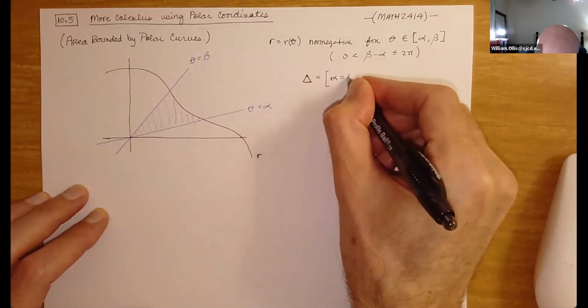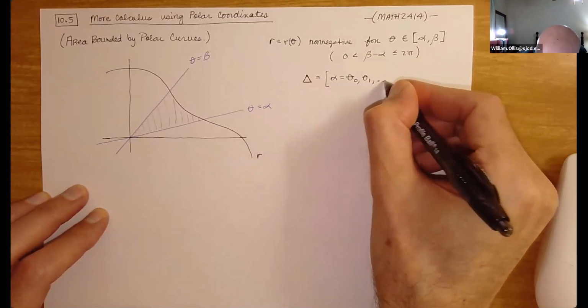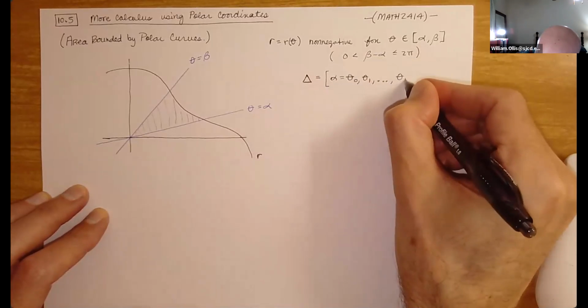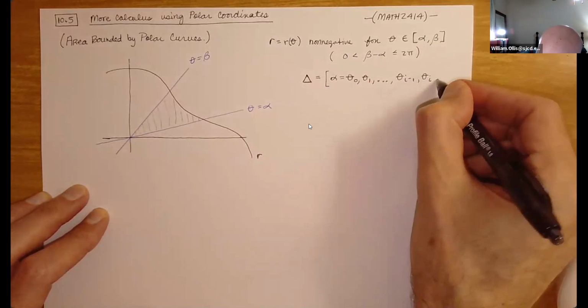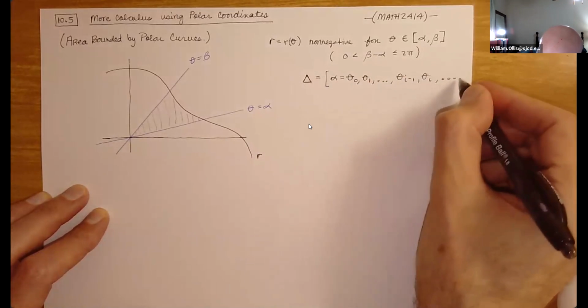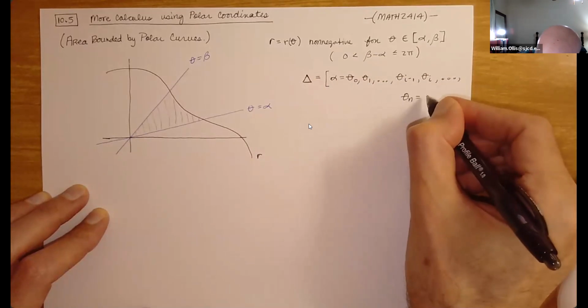So we could say alpha equals theta 0, theta 1, and then theta i minus 1, theta i for the ith subinterval, and then we extend to theta n, which is beta.